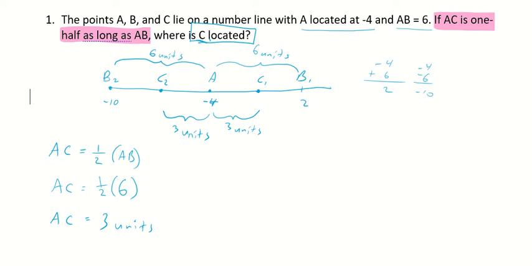And so -4 minus 3 is -7. And -4 plus 3 is -1.